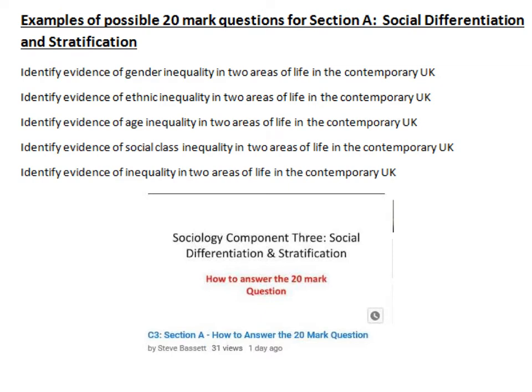Remember that the 20-mark question is the most predictable question on any of the exam papers. There are only a limited number of questions that could come up on this particular section, and there's another screencast that I've made that will give you further information about this 20-mark question.